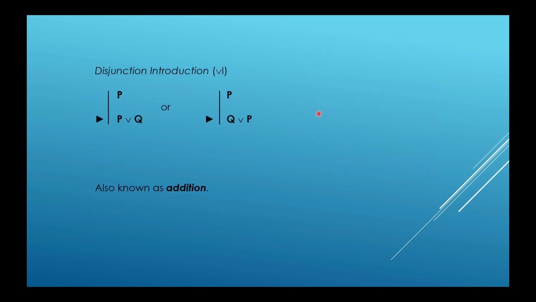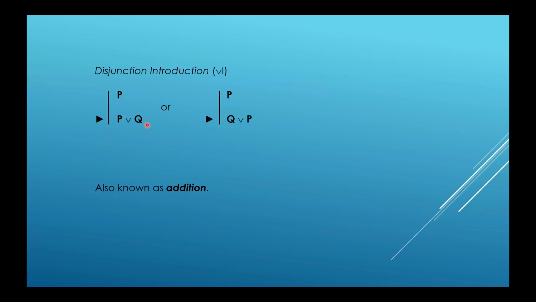The next rule that we'll look at is disjunction introduction. Another name for this rule that you'll find is addition. So if a sentence P is true, then P or anything else must also be true.